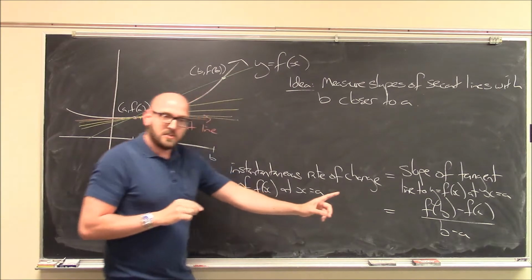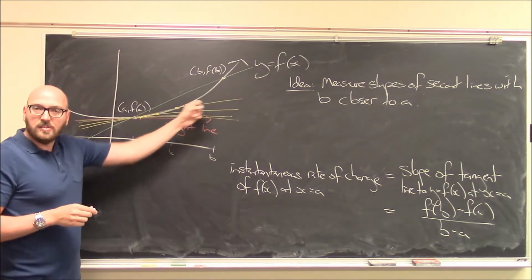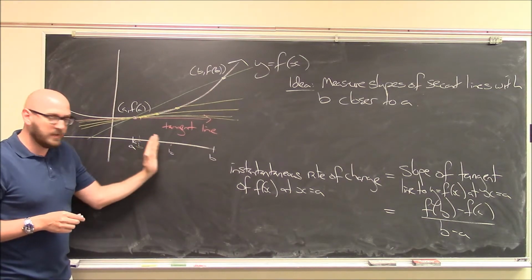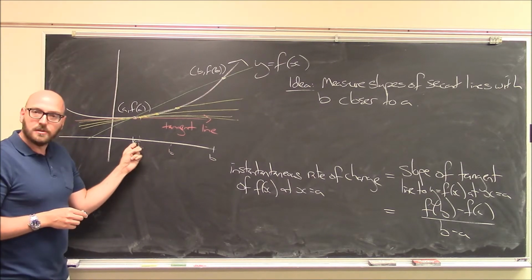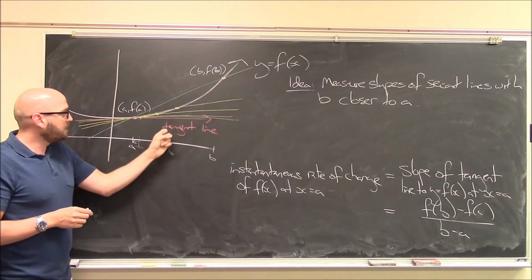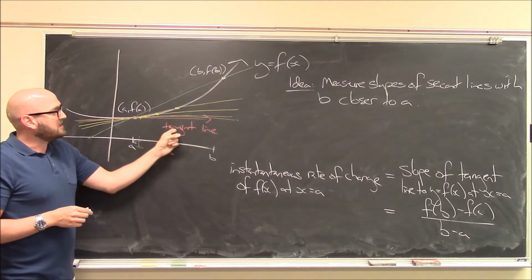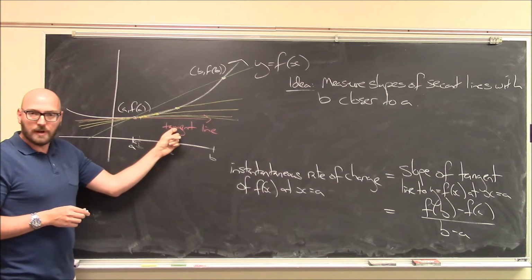That measures the slope of all of these secant lines, depending on what value you choose b to be. And we've agreed that if I take b closer and closer to a, I get a better and better approximation of the slope of the red tangent line.